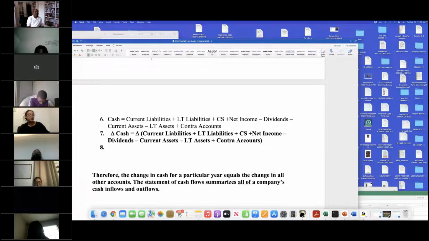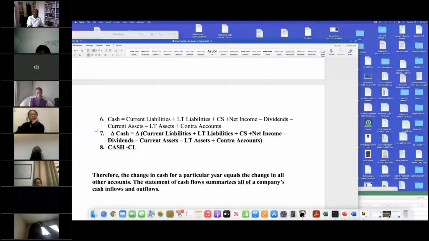So right now we have this equation, and I have on the left side what? Cash. Okay, I got cash. If I'm going to put everything on the other side, what's it going to look like except net income? What's current liabilities going to look like on the other side? It'll be subtracting. All right, so it's going to be minus the current liabilities. For the long-term liabilities, subtracting, minus all of the long-term liabilities.